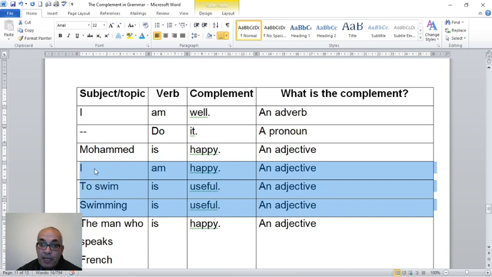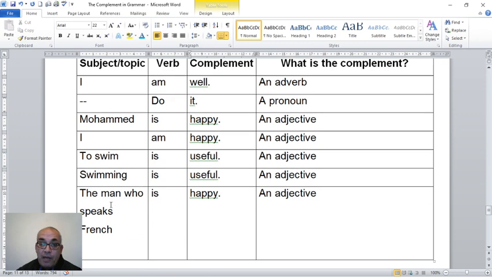But the beginning of each sentence is different. Here we begin with a pronoun, here we begin with a verb, and with to and the verb, here we begin with a gerund. And the same here. The man who speaks French, this is the subject, this is the verb, happy is a complement, it's an adjective. Again, please watch this again. I am trying to show you how you can have different complements in a sentence.